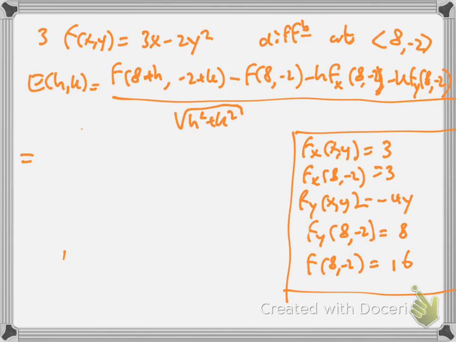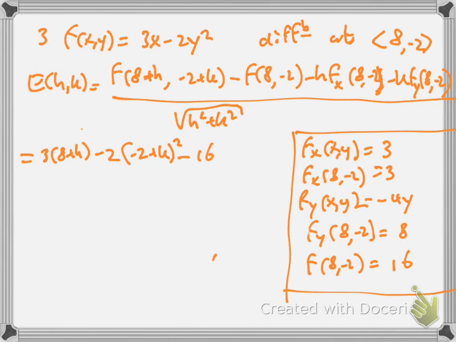So the f of (8 plus h, minus 2 plus k): I replace x by 8 plus h, so I get 3 times (8 plus h), and then minus 2 times (minus 2 plus k) squared. Right, then I subtract this thing over here, which was 16.